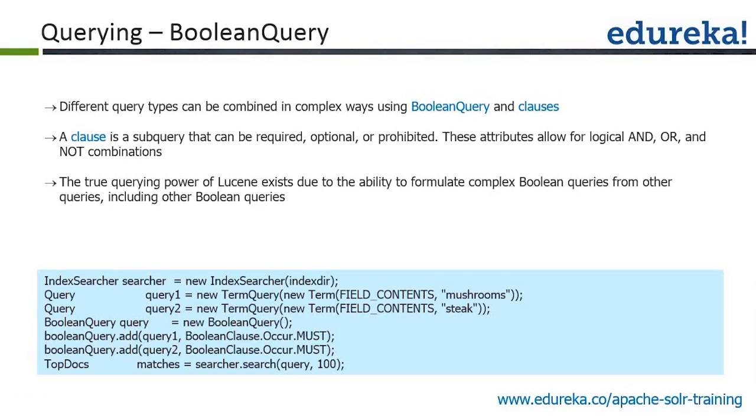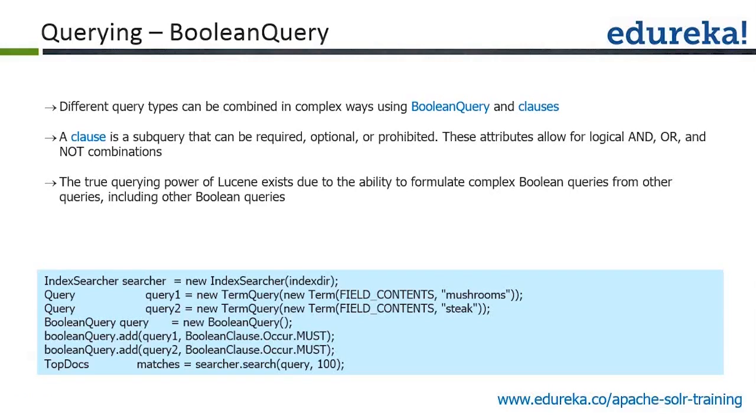Must designates that the term has to appear for the document to match at any cost. Should says it is optional. If you are looking for that parameter, it may occur, it may not occur, just ignore it. If it occurs, well and good.